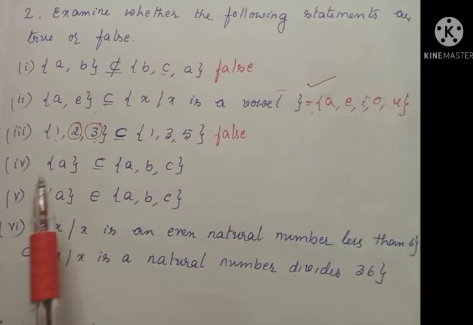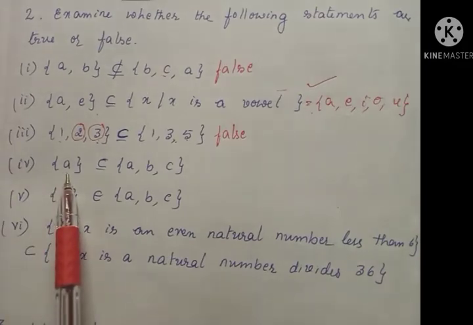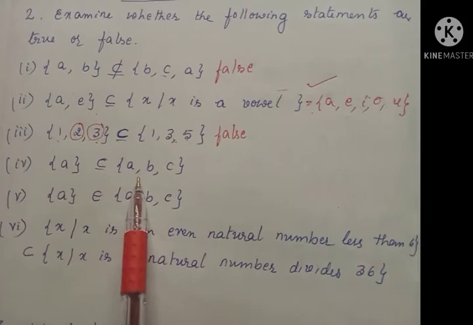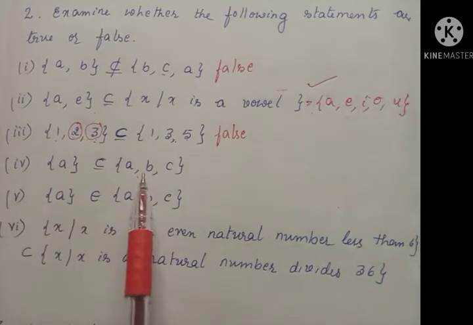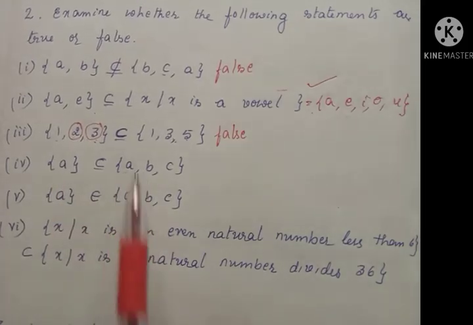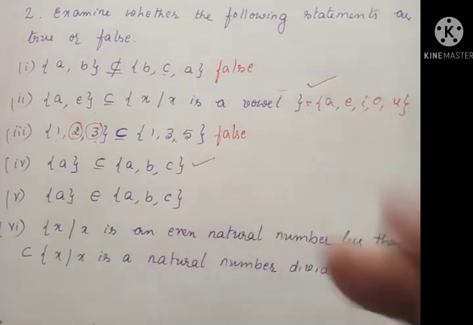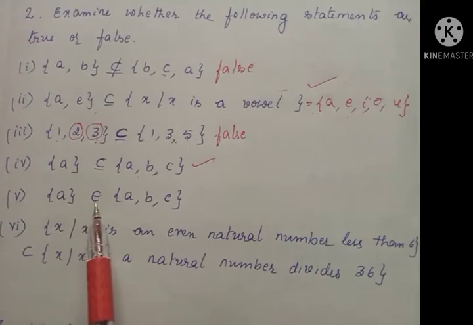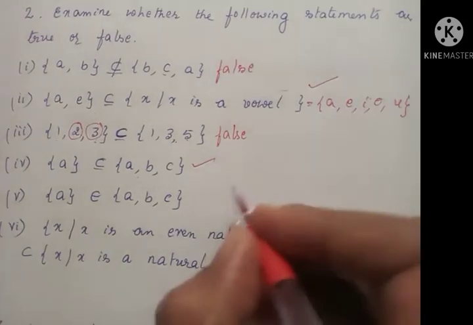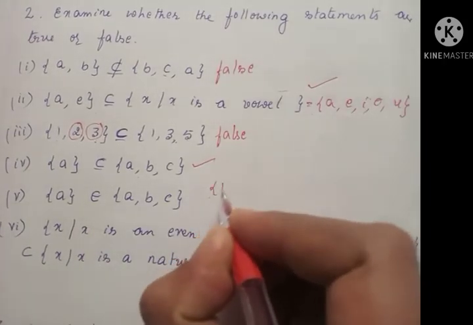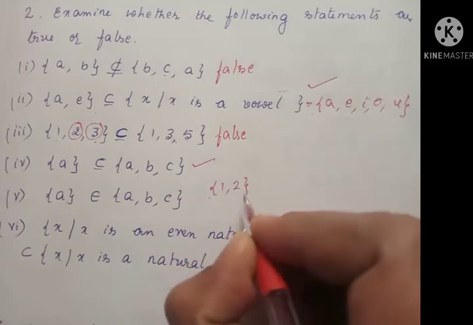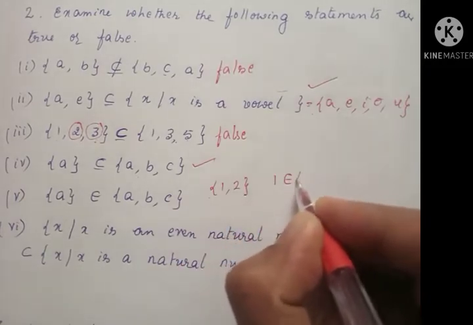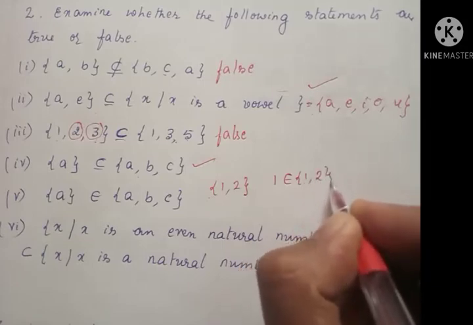Next one. A set having the element A is a subset of this bigger set. Yes, A is also an element of this one. Therefore, this is a subset. Now, if you have the set having the elements 1, 2, then we say that 1 belongs to this set.